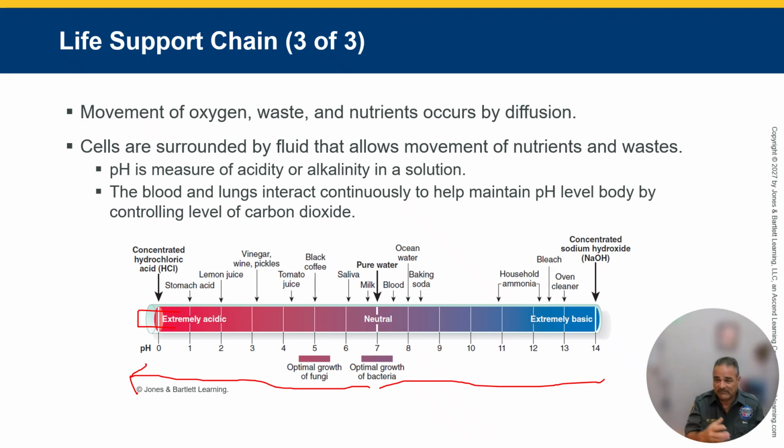It can be caused by a variety of different reasons, but we definitely want to eat correctly, have the right amount of fluid, be able to excrete waste, and be able to breathe properly, taking in enough oxygen and getting rid of carbon dioxide.